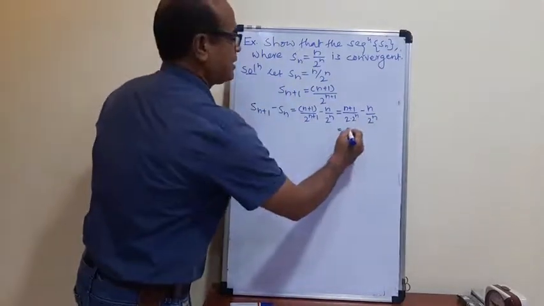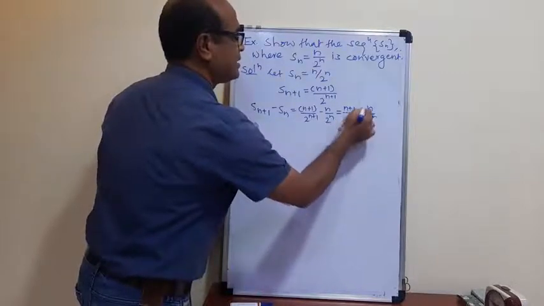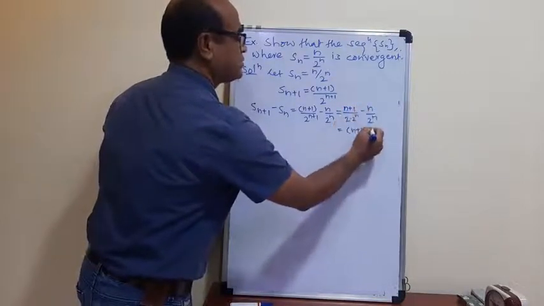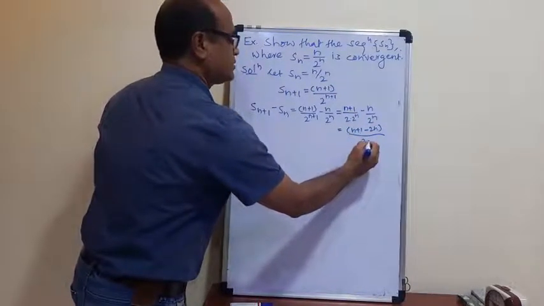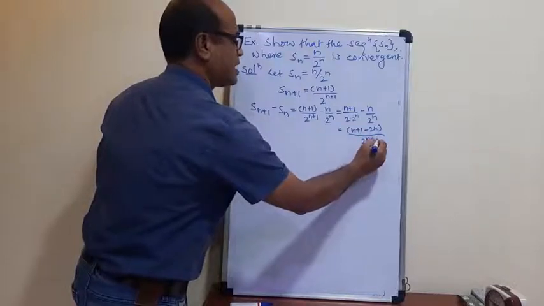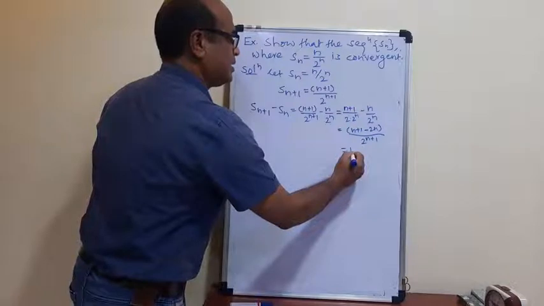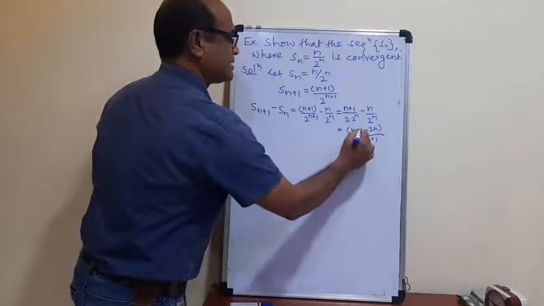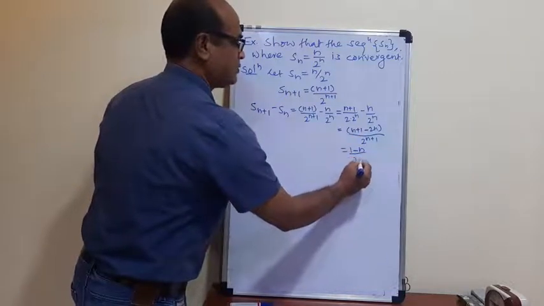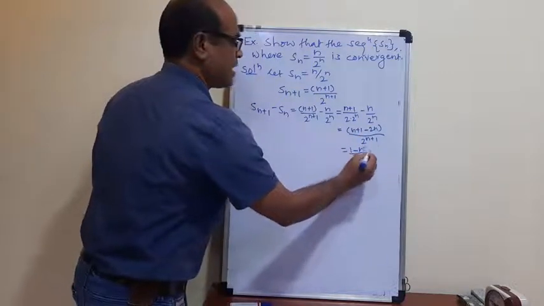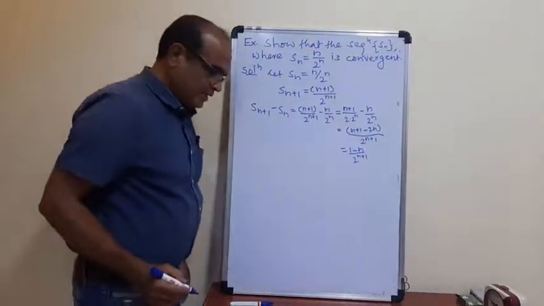Then taking the LCM, which is 2 raised to n plus 1, we get n plus 1 minus 2n divided by 2 raised to n plus 1, that is 1 minus n divided by 2 raised to n plus 1. Okay, so what is this?